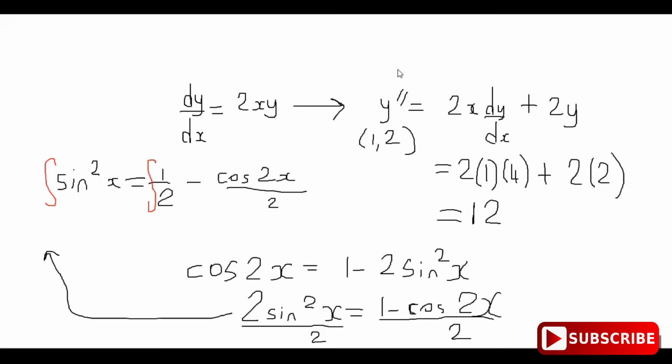And when we integrate cosine 2x over 2, what do we get? So now we're going to get a half x, minus a quarter sine 2x.